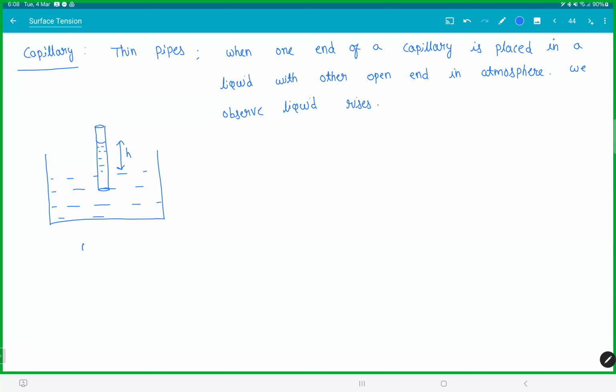So if you look at the data here, theta is your contact angle. S is the surface tension. Rho is the density.